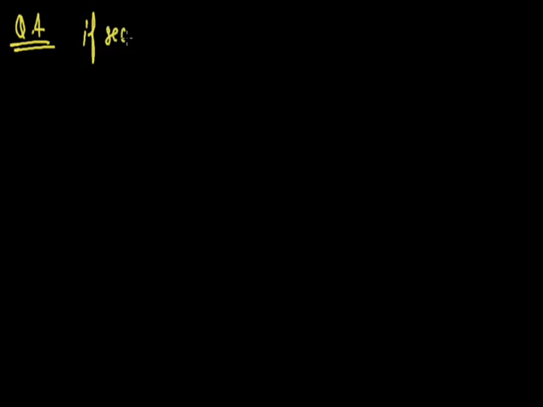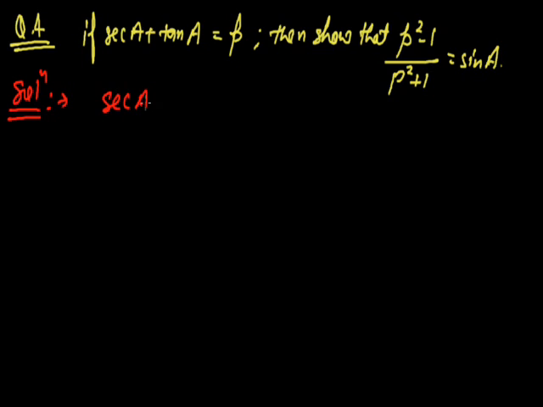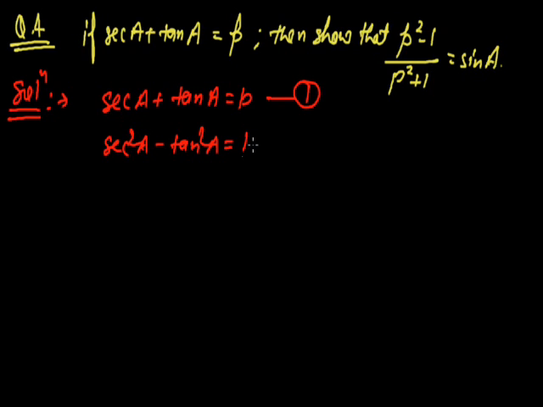If sec a plus tan a is equal to p, then show that p square minus 1 upon p square plus 1 is equal to sine of a. To solve the above question, we have sec a plus tan a is equal to p, but as we know by the second trigonometric identity that sec square a minus tan square a is equal to 1.